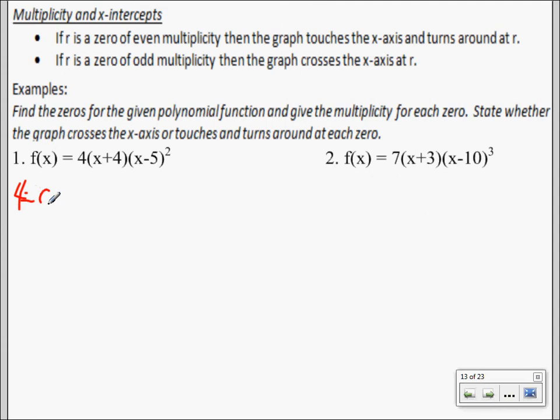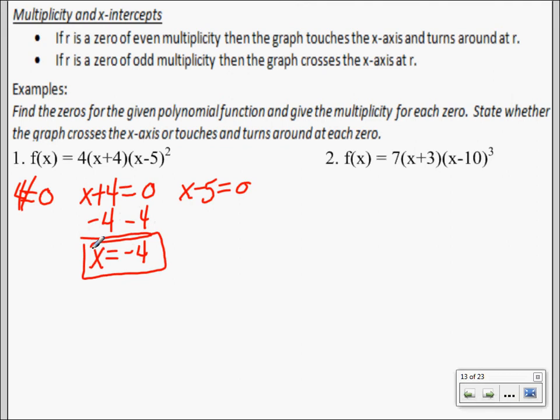We have 4 equals 0, x plus 4 equals 0, and x minus 5 equals 0. Now this first case, 4 equals 0, is not true. We can't work with that. But for x plus 4, we can solve for the variable by subtracting 4 on both sides. You have x equals negative 4.